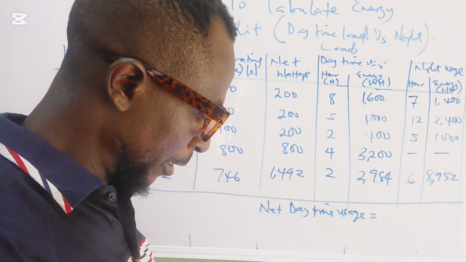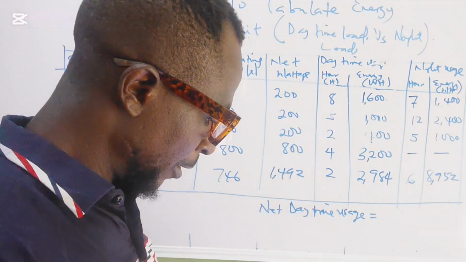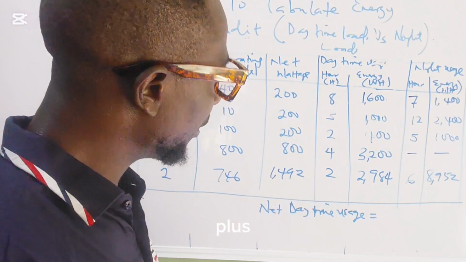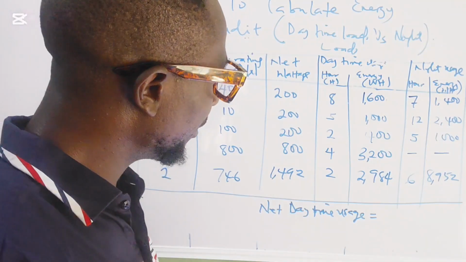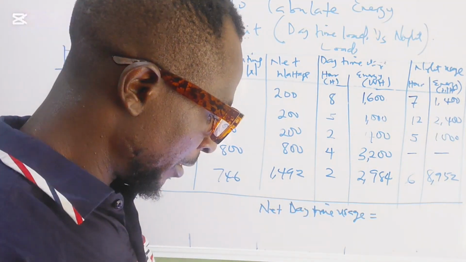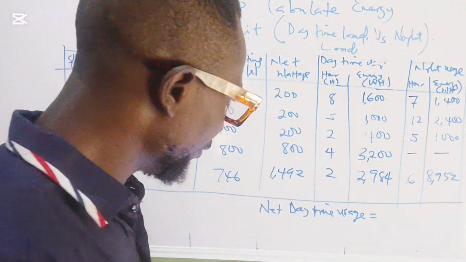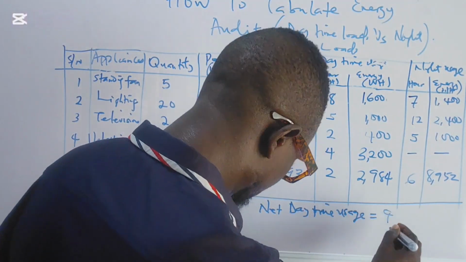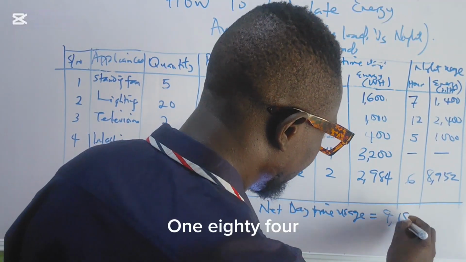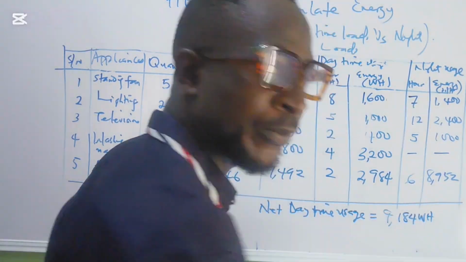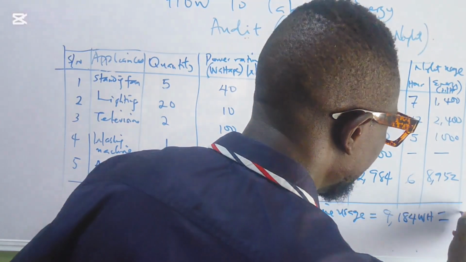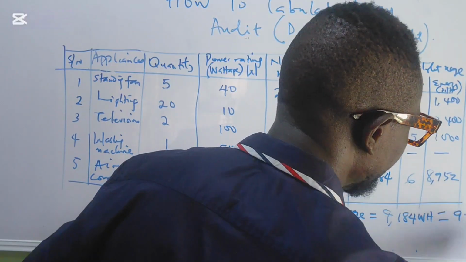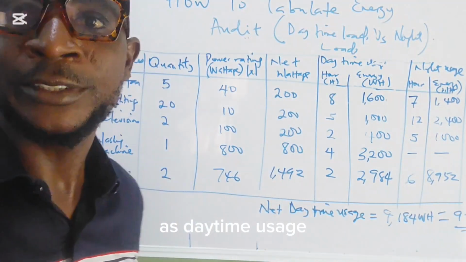The first one is 1,600 plus 1,000 plus 400 plus 3,200 plus 2,984. So the net daytime usage is 9,184 watt hour, or you call it 9.184 kilowatt hour as the daytime usage.